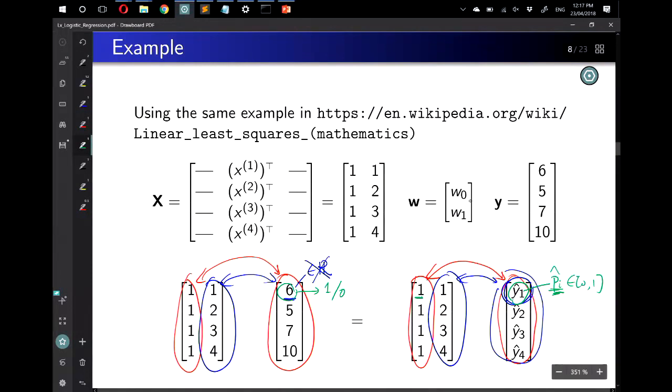Actually, in our extended coordinate system, W is a two-dimensional vector. So there are two variables, W0 and W1, and then you have two equations, and you just solve it. Later in logistic regression, it's the same thing: two variables and two equalities, but the equalities involve some kind of nonlinear transformation, and there is no way in the general case to have a closed form, analytical solution, but we do have a numerical solution.